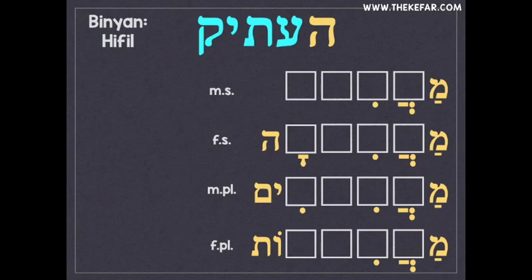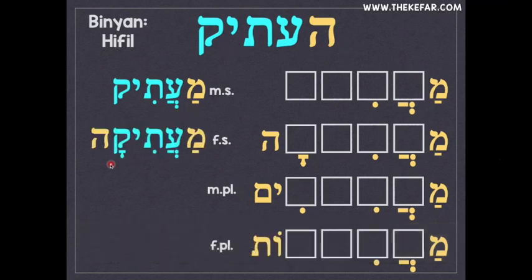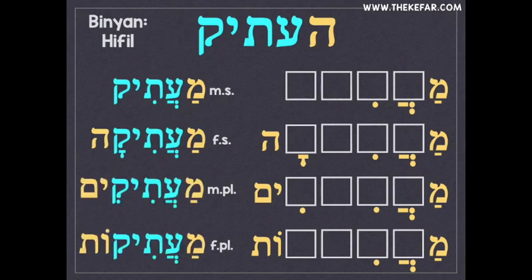We just have an extra syllable, but you're following the same exact rules where you're switching out the ha for ma, and then you're adding an a, im, and ot ending, depending on whether it's feminine singular, masculine plural, or feminine plural. So we have ma'atik for masculine singular. Again, we went from leha'atik to ma'atik. Then we have ma'atika, and then ma'atikim, masculine plural, and ma'atikot, feminine plural.